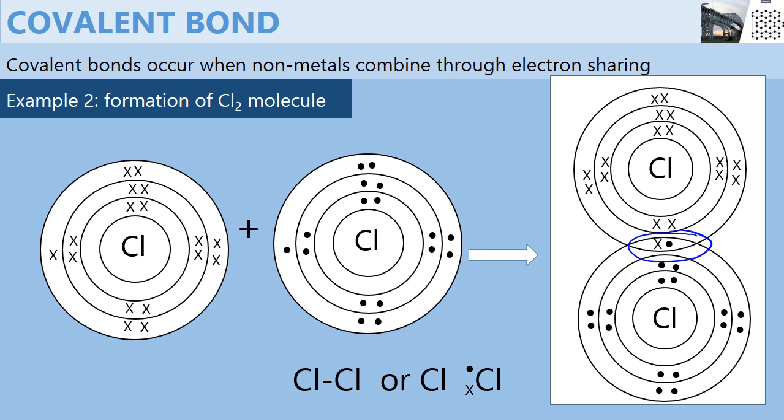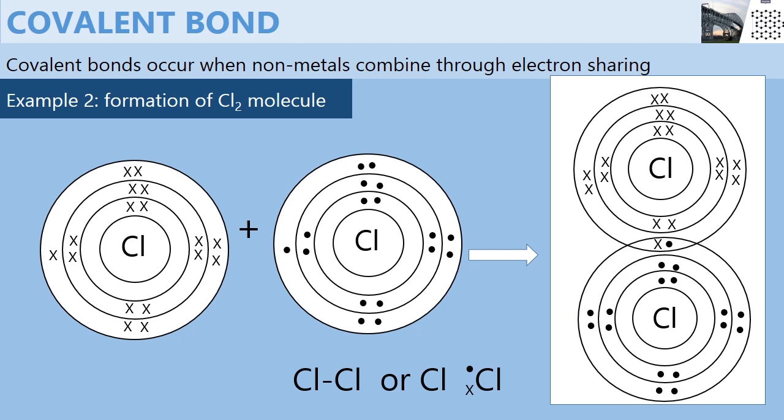can move around any of the atoms, but generally each atom now has a stable configuration because they have shared their electrons. So we could count these as 1, 2, 3, 4, 5, 6, 7, 8. So it has an octet configuration.